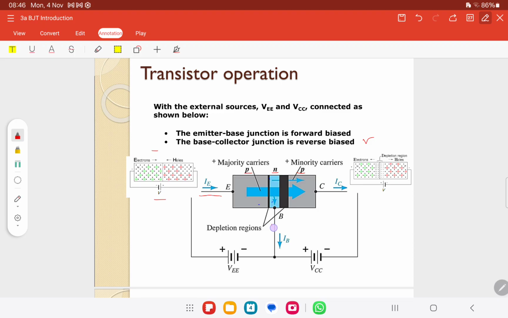Okay, and then IB will go out, exit here through IB, the base. And IC exits at the collector. Okay, so this one is IE equals to IB plus IC.